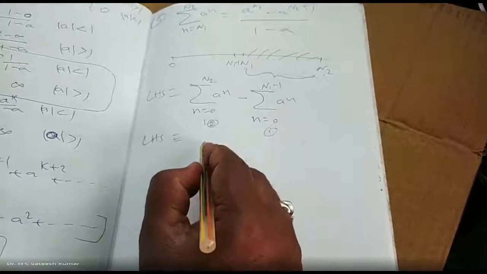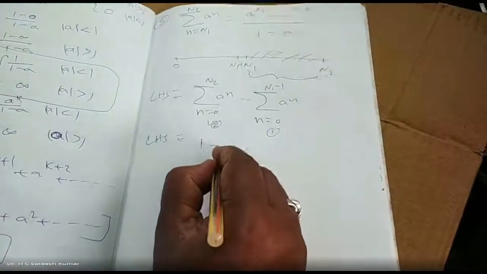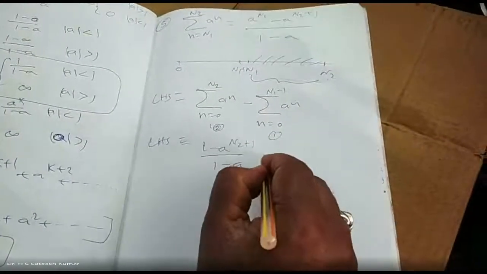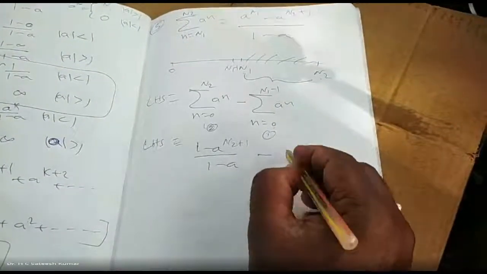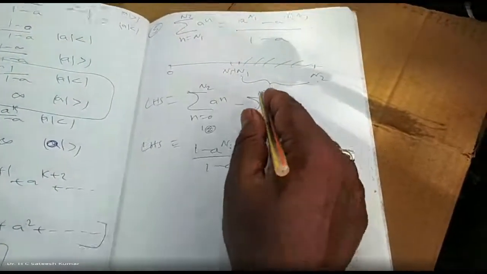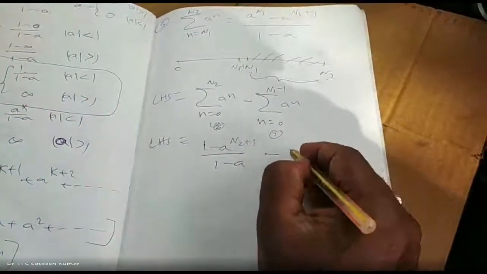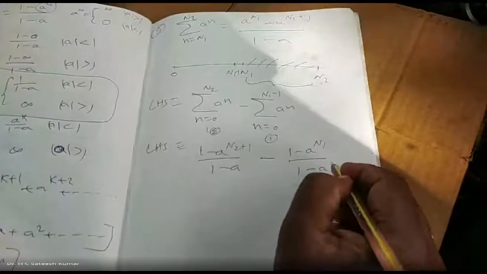From the first result, 1 minus a power n2 plus 1 divided by 1 minus a, minus, from the same result, 0 to n1 minus 1 means 1 minus a power n1 divided by 1 minus a.